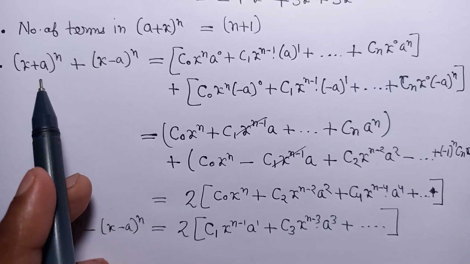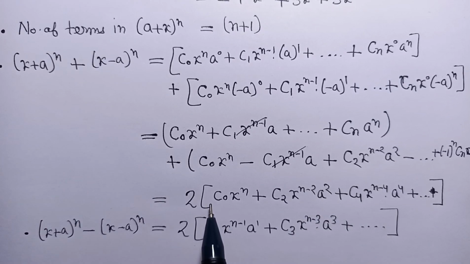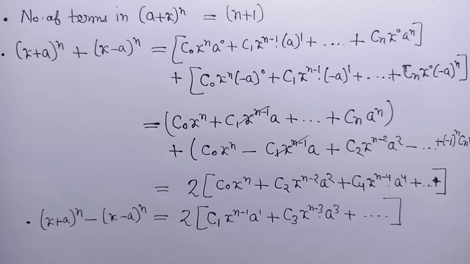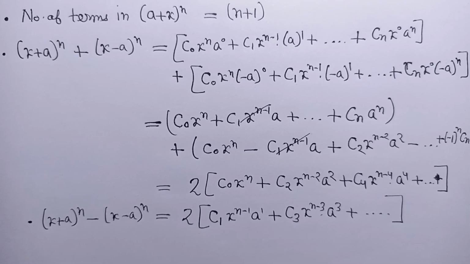So when you do sum, you will get 2 times of sum of even terms. When you do subtraction, you will get 2 times of sum of odd terms. These formulas are very helpful to solve some questions related to these formulas.